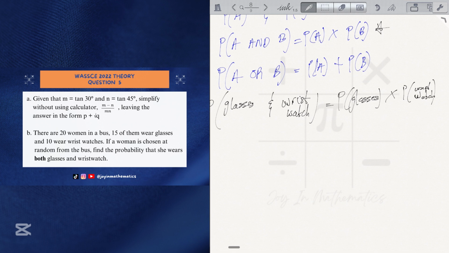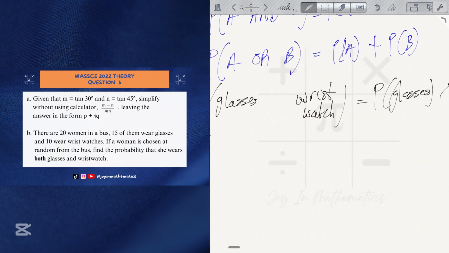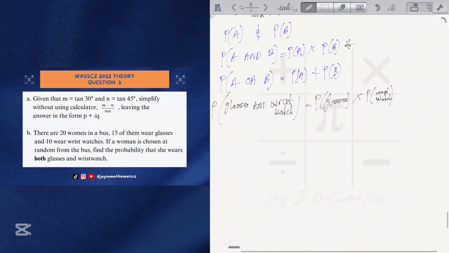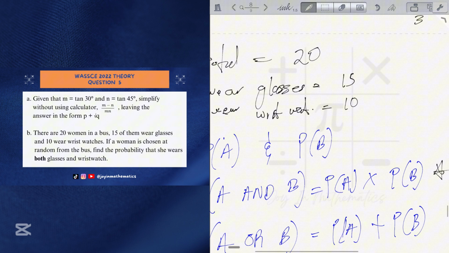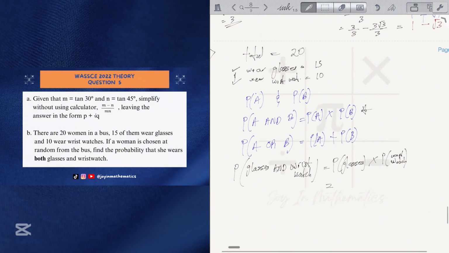Please, we have to understand vividly that this "and" means multiplication. Now, what is the probability that a woman wears glasses? The probability of glasses is the number of glasses divided by the total. That is 15 divided by 20. And the probability of wristwatch is wristwatch divided by total. That's 10 divided by 20.